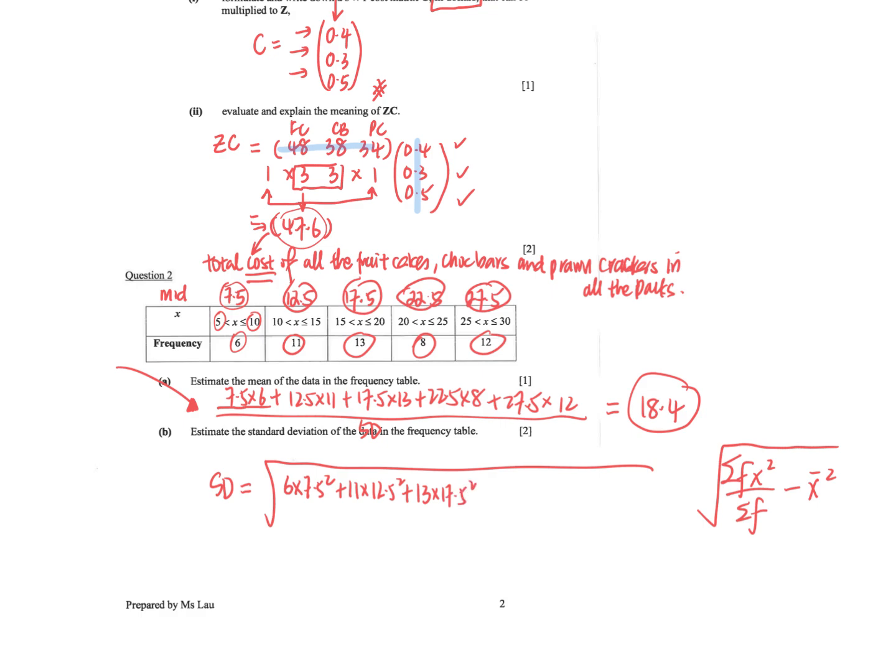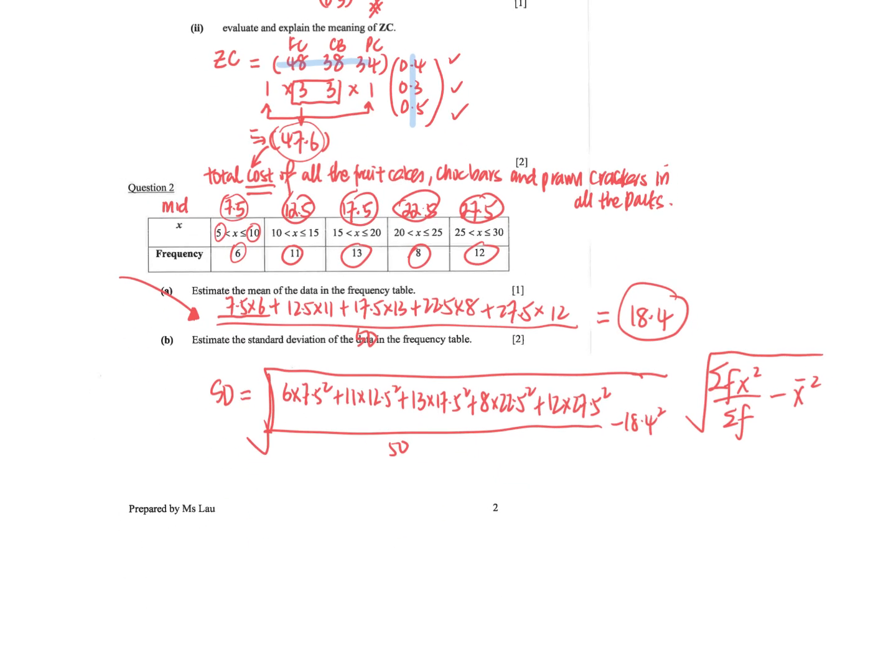In case you forget your calculator method, you can still use this to get your answer. So the whole thing divided by 50 minus 18.4 squared. So this is your method mark. If you are using calculator, your method is awarded here. You will just have to write this.